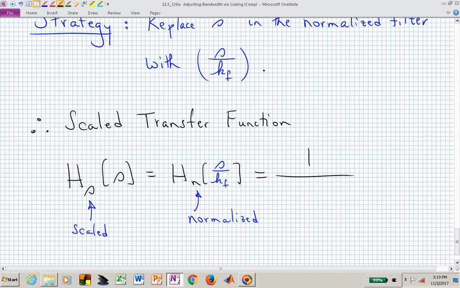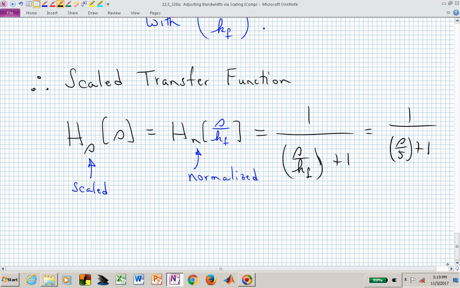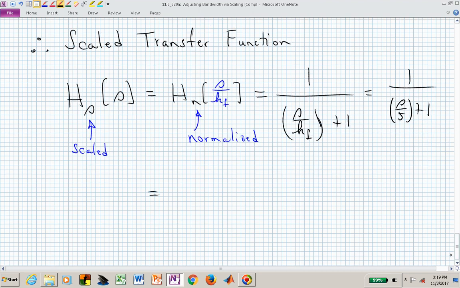We had 1 over S plus 1, but now we're replacing S with S over K sub F. Our K sub F we found to be 5 if we wanted a bandwidth of 5, and now we can multiply by 1, which is 5 over 5, and we end up with a scaled transfer function that's been frequency scaled to have a bandwidth of 5, which is in fact 5 over S plus 5.